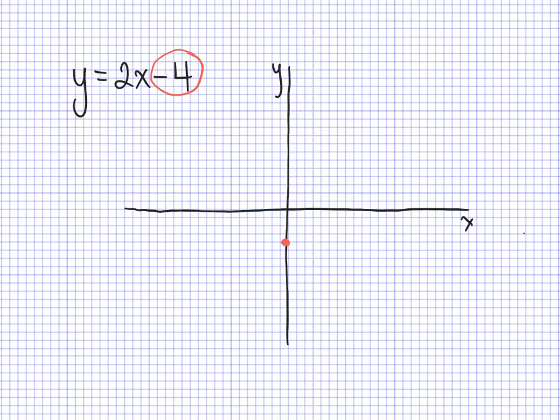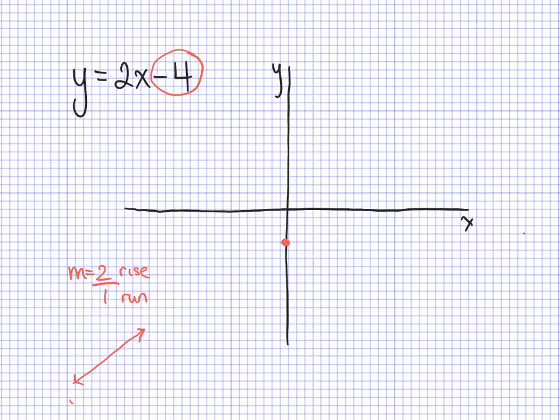And then we have a slope of 2. A slope of 2, if you wanted to write that as a fraction, you could write it as 2 over 1. And that basically just gives you your rise and your run. I also know that's a positive slope, so I know it's going to be going up to the right. I want my slope to look like that, not down to the right, because it's not negative.